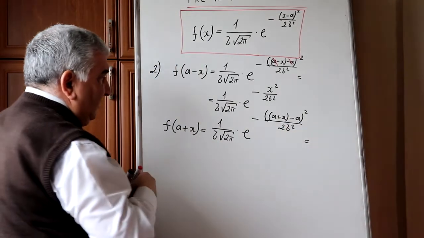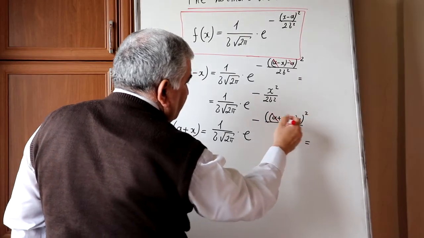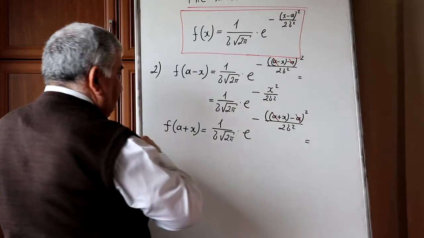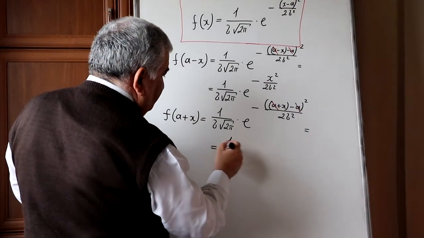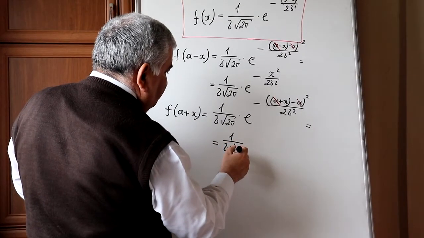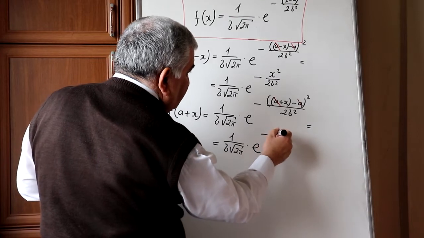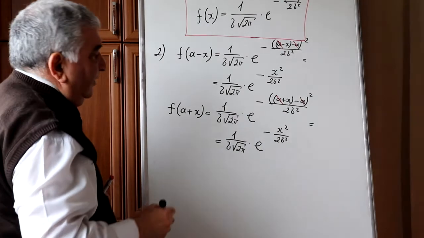Here a and minus a will be removed, and then we will have only x squared, and it is equal to 1 over sigma multiplied by square root of 2 pi multiplied by e raised to minus x squared over 2 sigma squared.